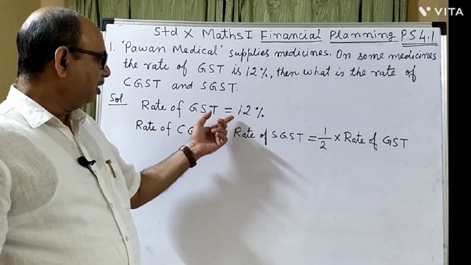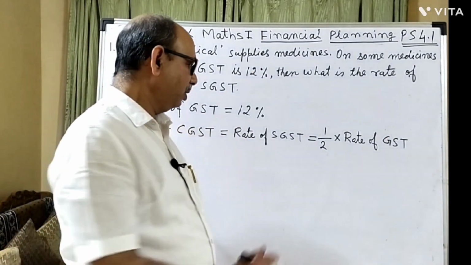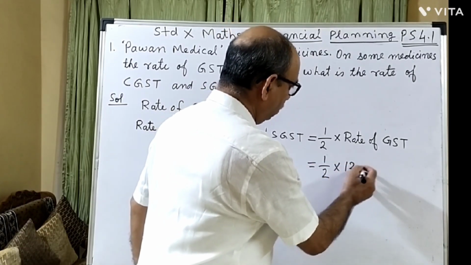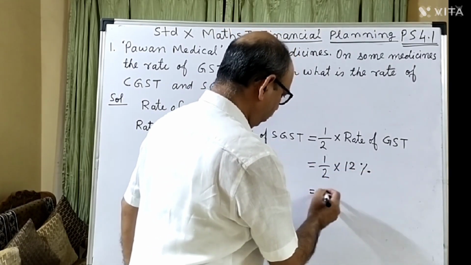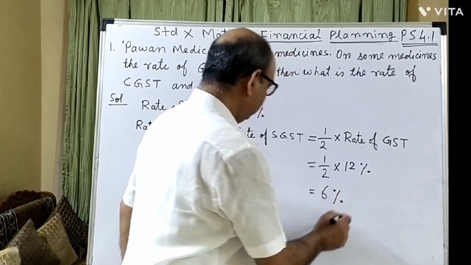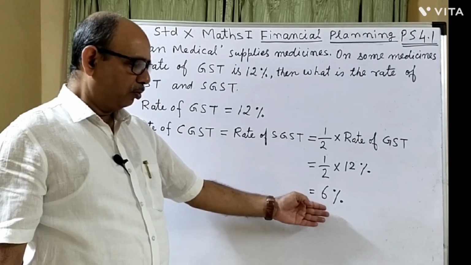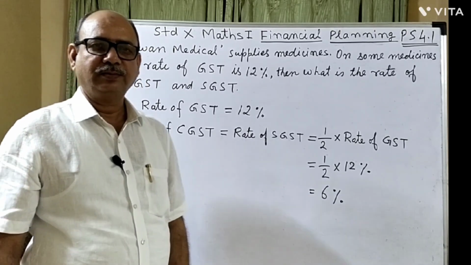Rate of GST is given as 12%, therefore it will be equal to half into 12%, that is equal to 6%. That means rate of CGST and rate of SGST both are 6%.